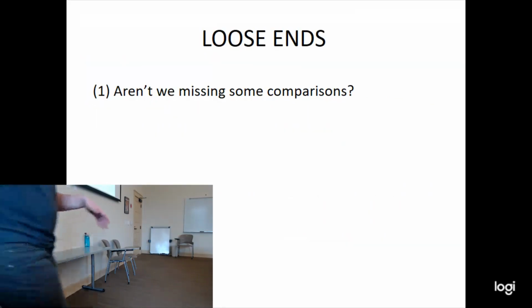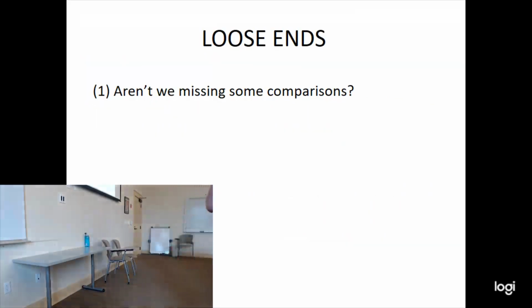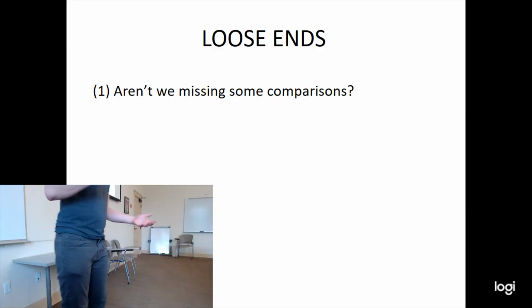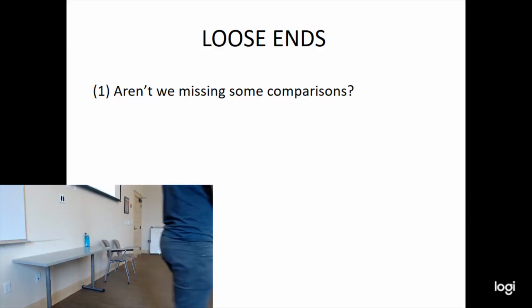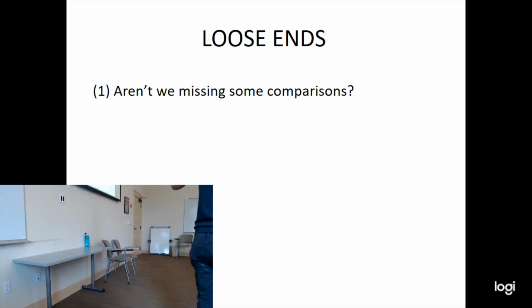But I've hidden some complications from you as I've been introducing these ideas. The first of those is that there are some comparisons of these group means that seem to be missing from what I showed you.